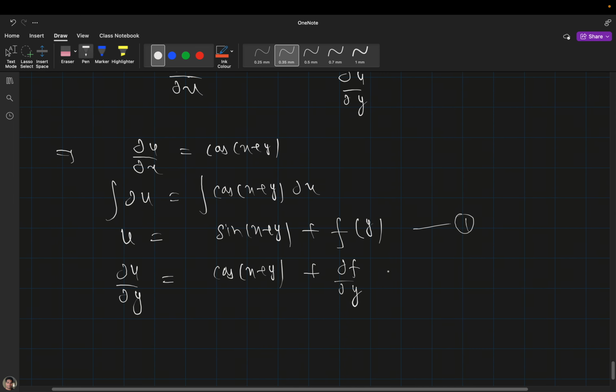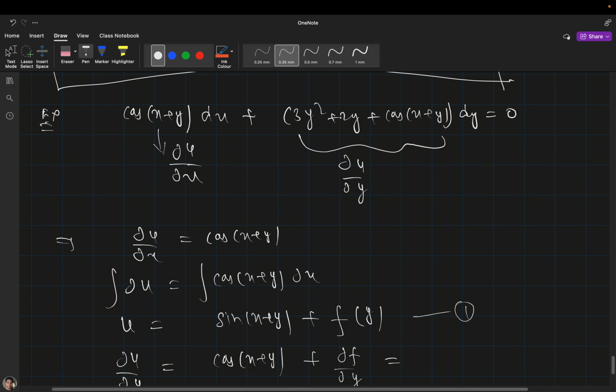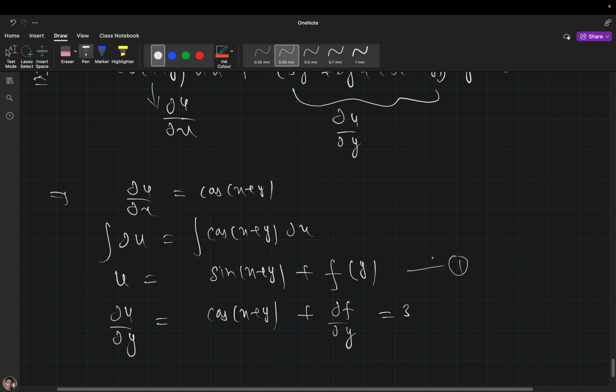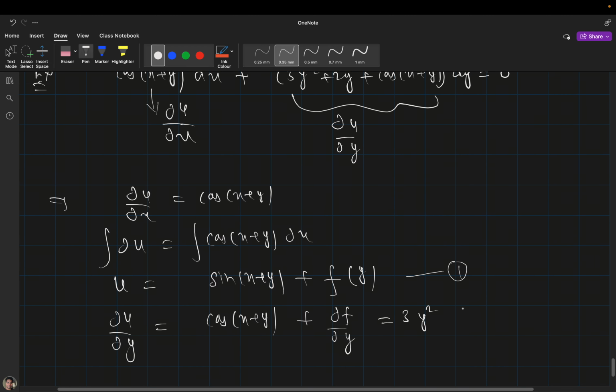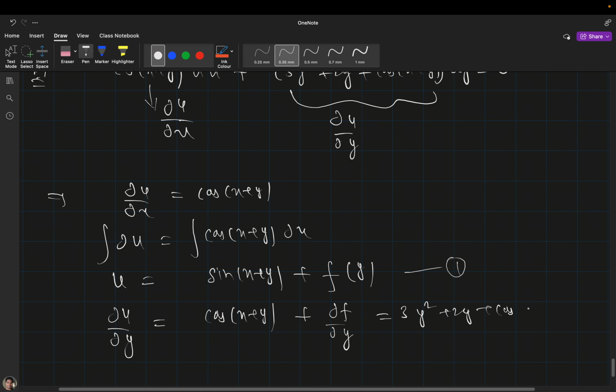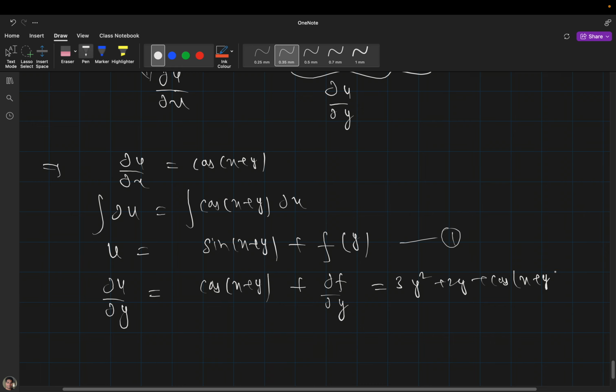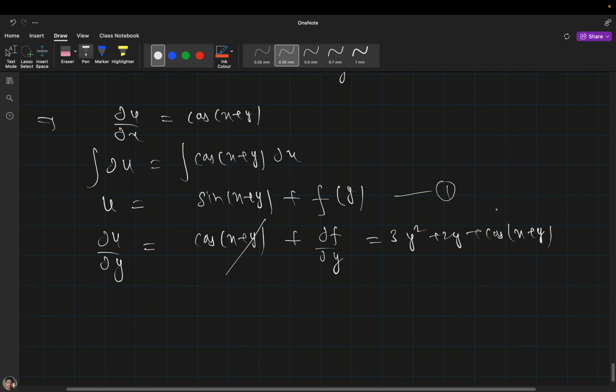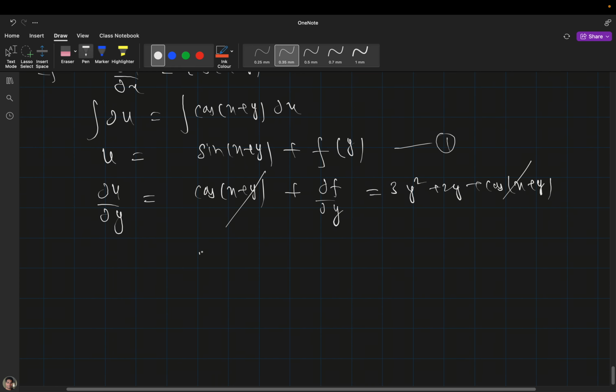Since we know this equals 3y² + 2y + cos(x + y), clearly this term will cancel out, and you will get ∂f/∂y = 3y² + 2y.